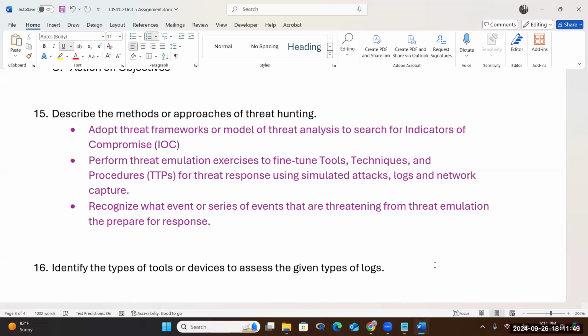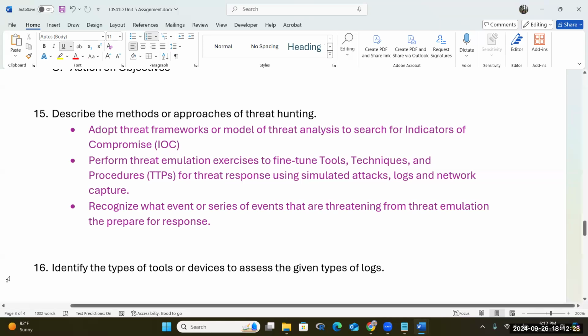But in order to have that form of attack, I have to simulate it. I have to perform some kind of test-based attack. And then, like a drill, we see if we are doing well with responding: the technique that we use, how long did we use, what kind of resources we need. So after you perform this multiple times, you would see the efficiency and the effectiveness of your threat emulation.